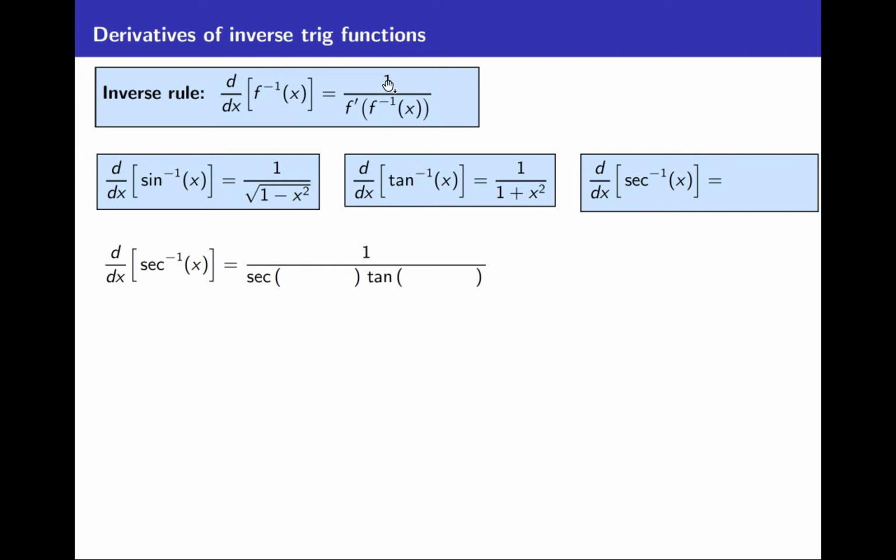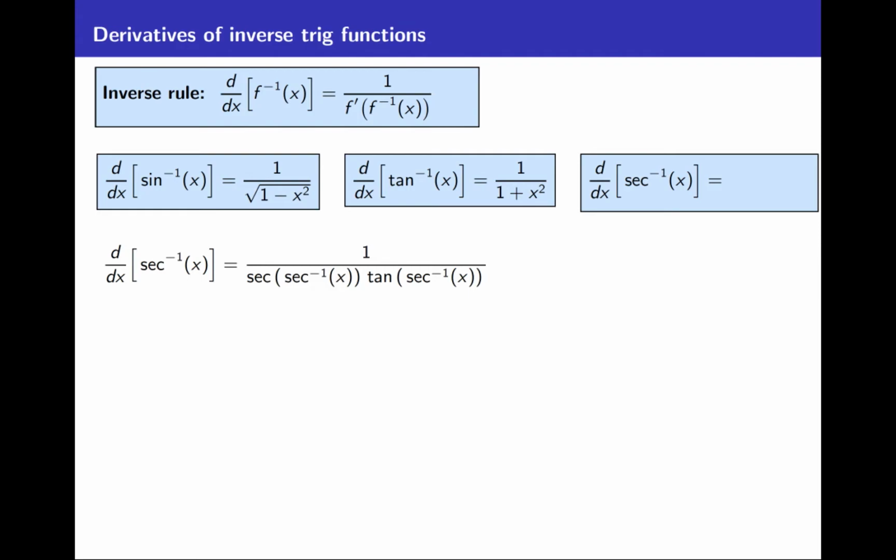So we're getting 1 over, our f prime would be secant times tangent, but into it we're plugging in our inverse function, our secant inverse, and there are two places to plug that in, here and here. So the derivative of secant inverse of x is the reciprocal of secant of secant inverse of x times tangent of secant inverse of x.